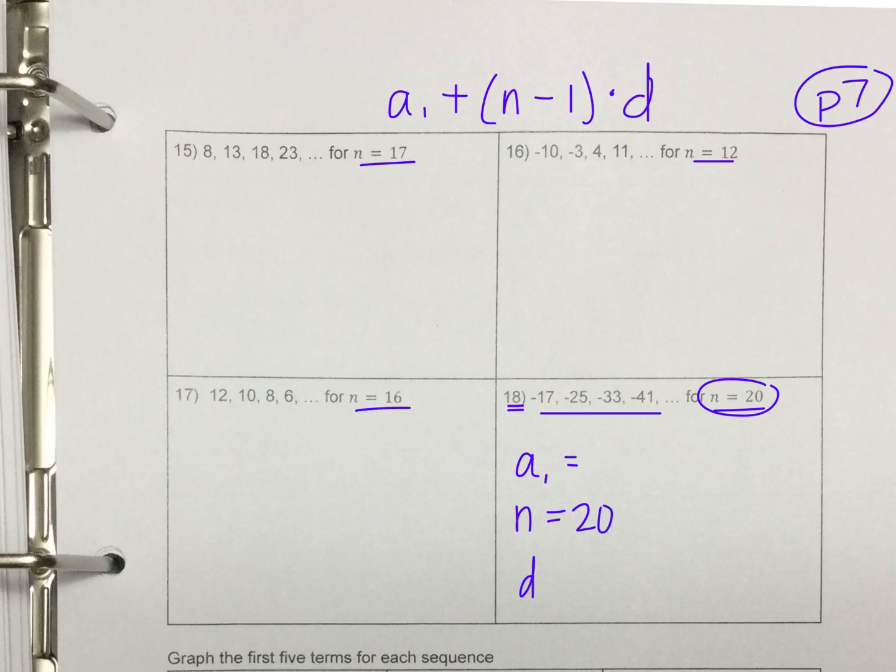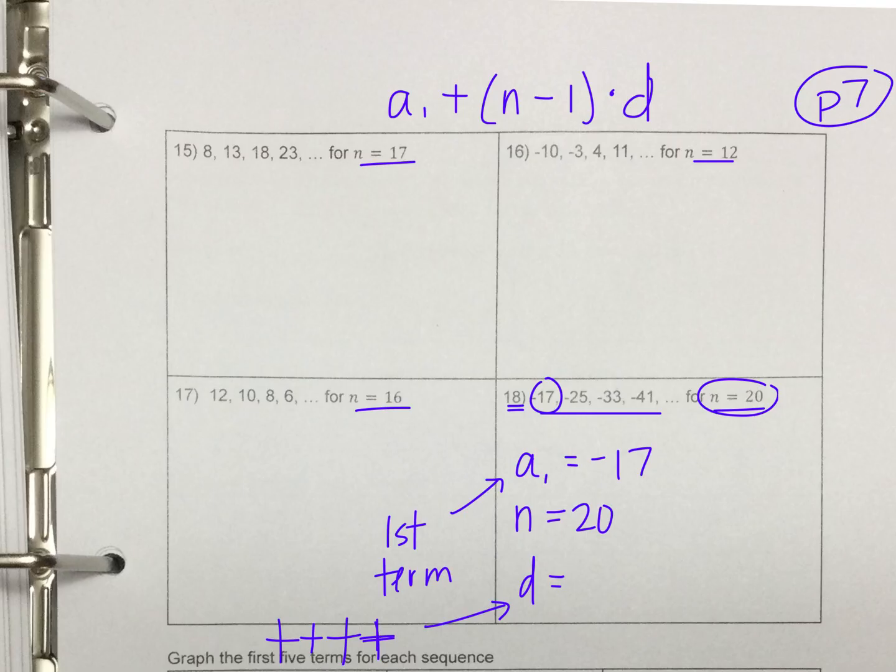And the D, so I know that A1 is my first term in the list. So right here, negative 17. The D is what you're adding over and over and over again. Some of them you'll be able to just look at and know, adding or subtracting.